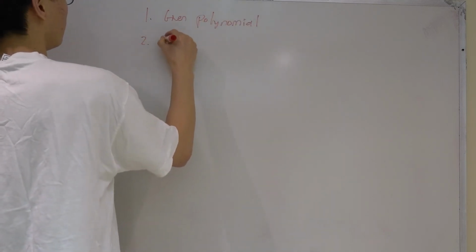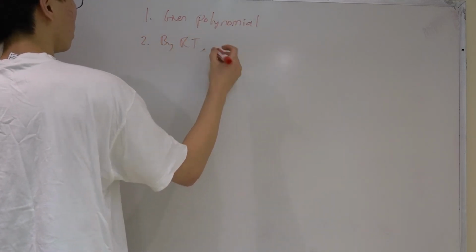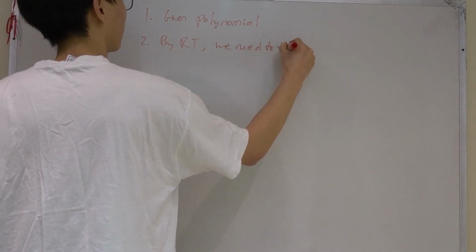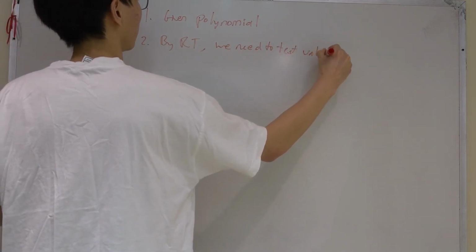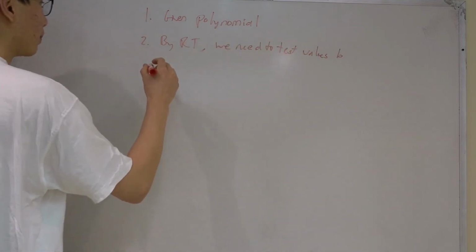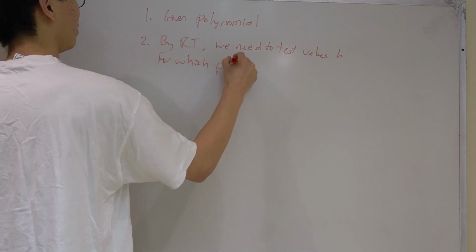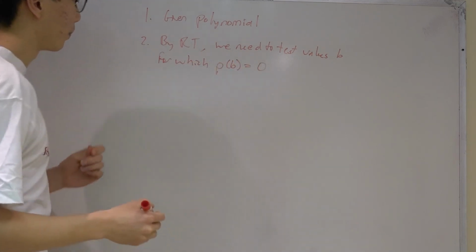Okay? By the remainder theorem, by RT, we need to test values b, we'll call the values b, for which P of b is equal to 0, right?